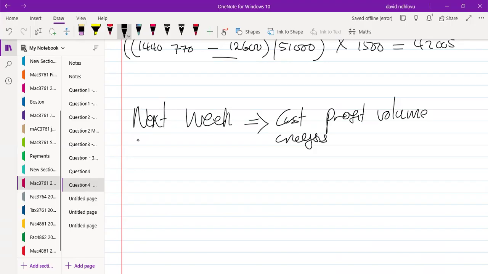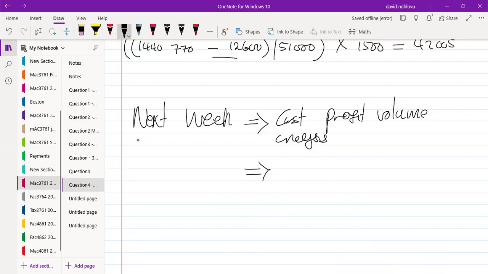Right, I think cost profit volume analysis, if we have 3 hours, we can add another topic again, just to make sure that we push a little bit. Which one should I add? Let me check here your topics for test number 1.